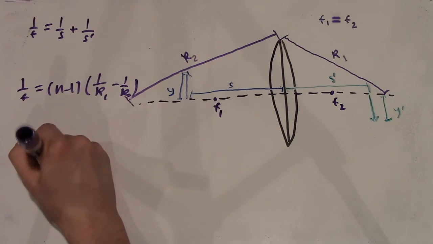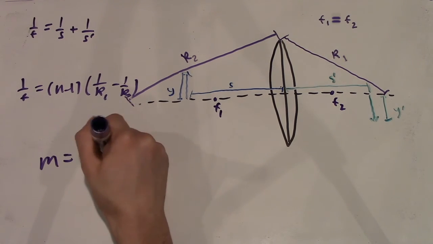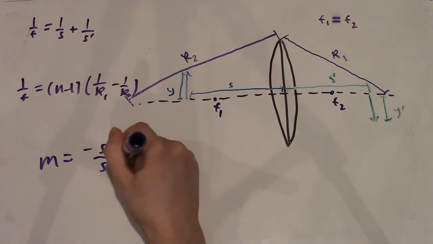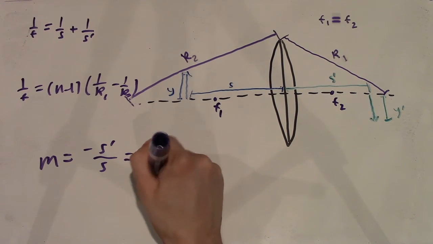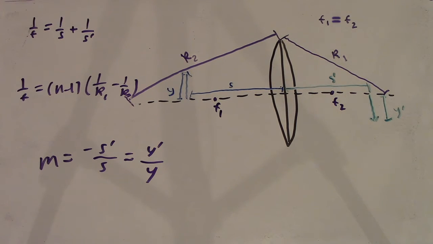If the image height is negative, then it is below the axis, indicating the image is inverted. If y prime is positive, the image is upright. Additionally, if the image height is more than the object height, the image is larger, and vice versa if the height is smaller. Using these three equations, we can describe the position and height of our image.